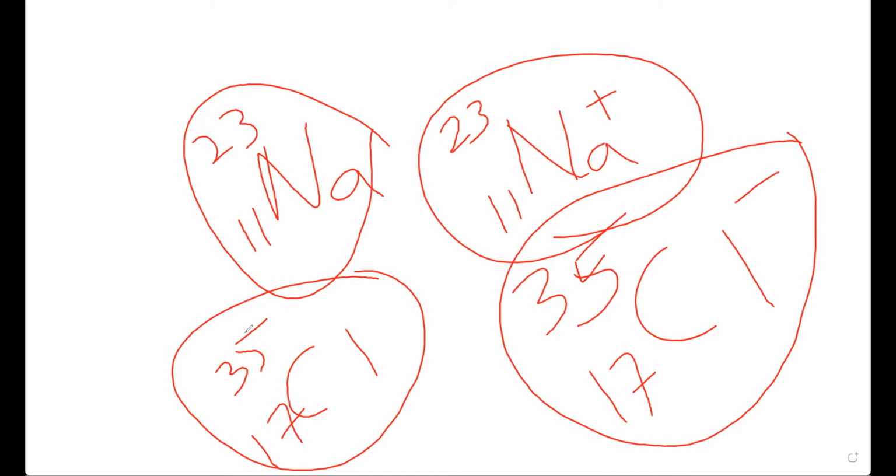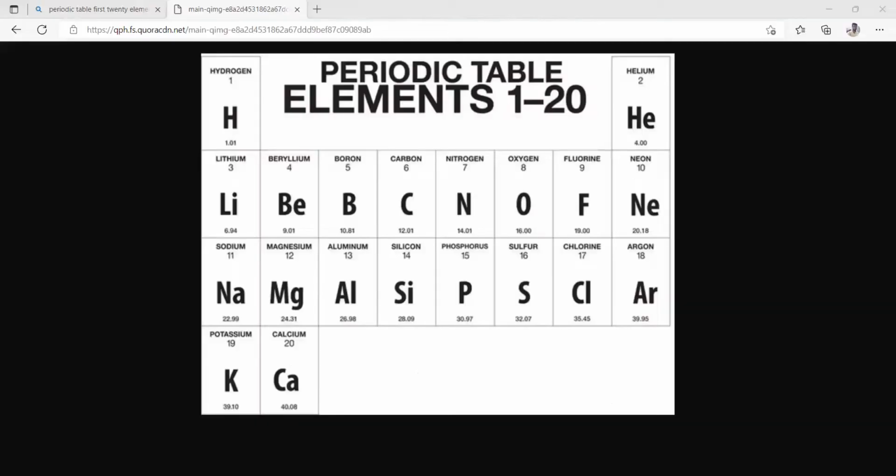Right. Now we are going to learn what is the meaning of plus and what is the meaning of minus. If you find plus, it means it lost electron. If you find plus, it lost electrons.